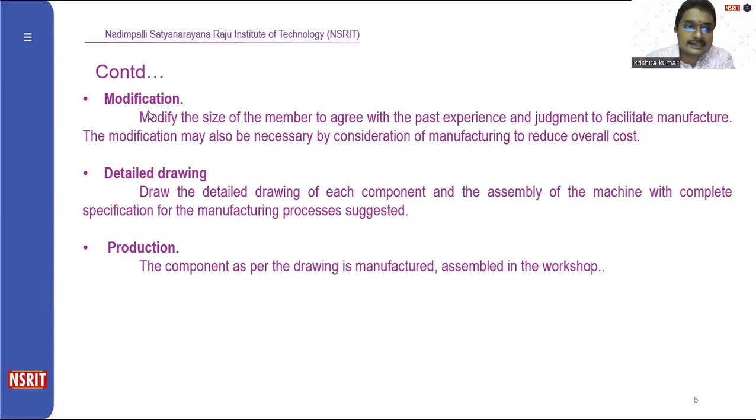After this, the next step is how we modify the design if any modifications are required from the previous testing procedures. If there is any requirement of modifying the design, we have to do those things.